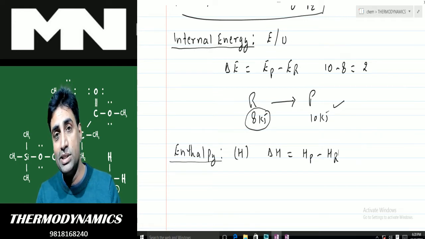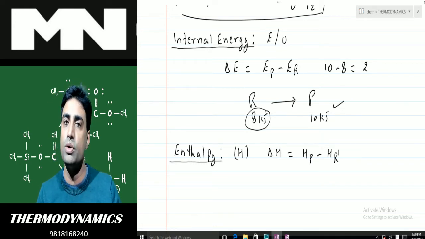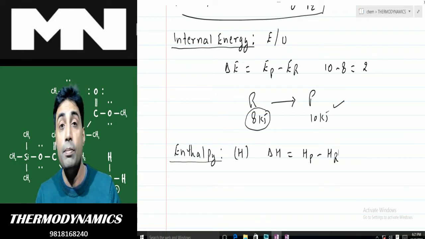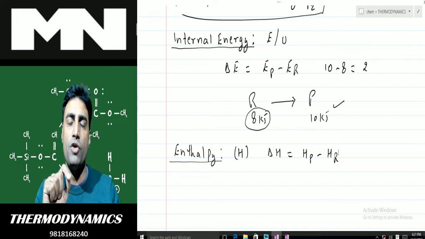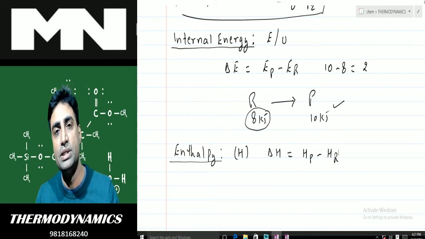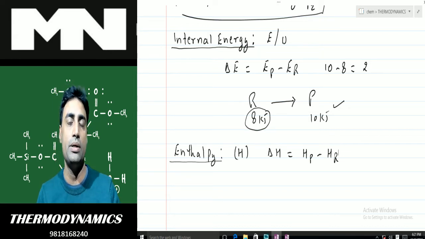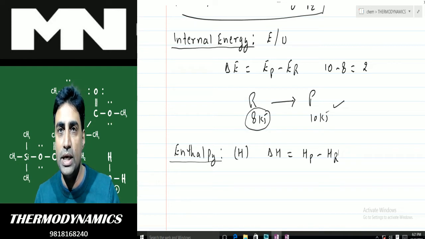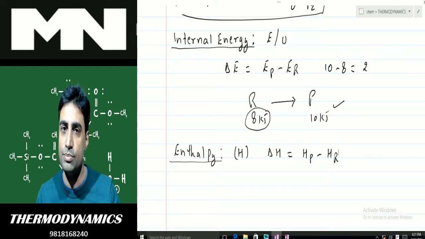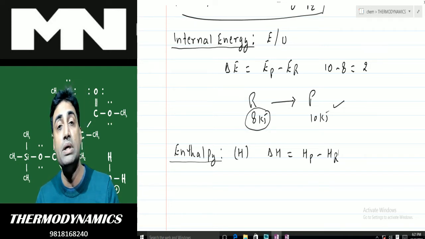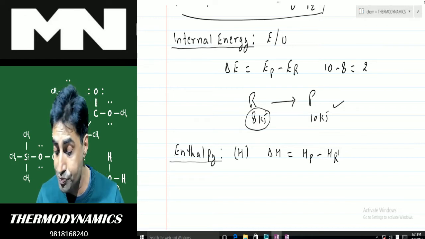But if this energy is in the form of heat, we call it ionization enthalpy. So ionization enthalpy is the minimum amount of heat energy that is required to remove the most loosely held electron from an isolated gaseous atom. So whenever the energy is in the form of heat, we call it enthalpy.